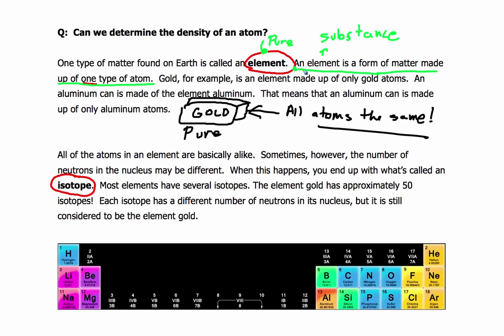Okay, so however, isotopes are atoms where the number of neutrons in the nucleus may be different from the number of protons.